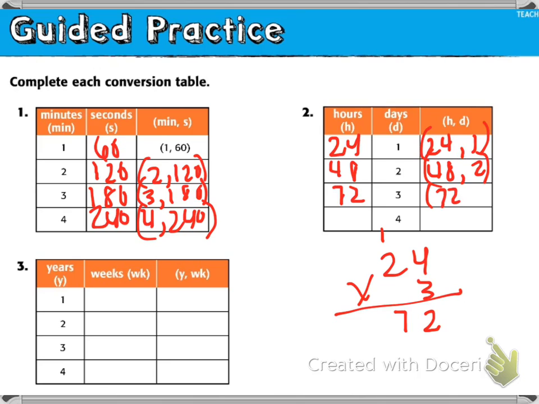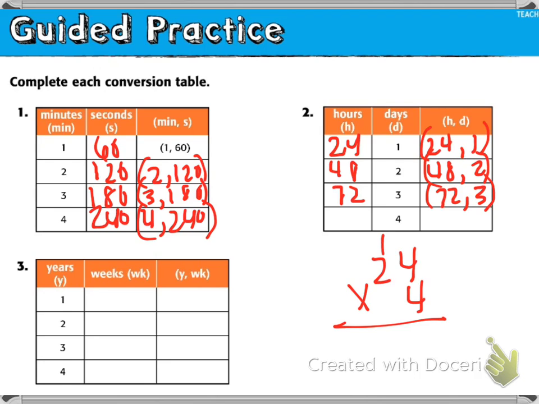So 72 and 3. And the next one, 4 days equals how many hours? We've got 24 hours times 4, 96. So 96 and 4 is how number 2 would look.